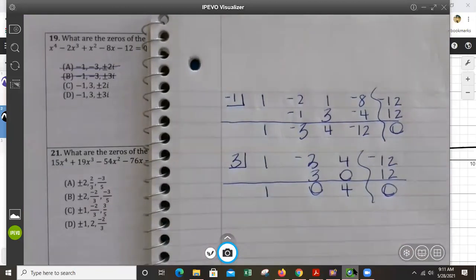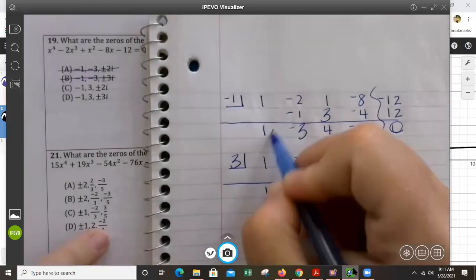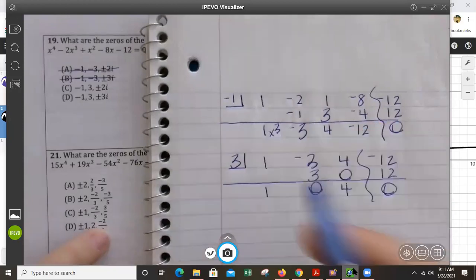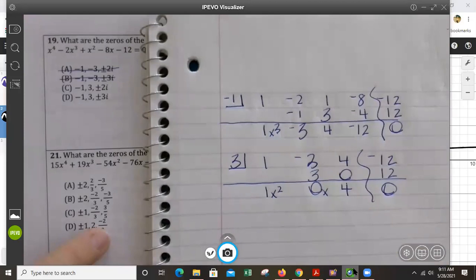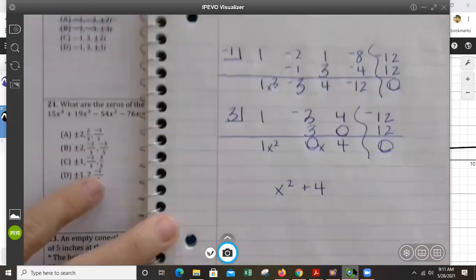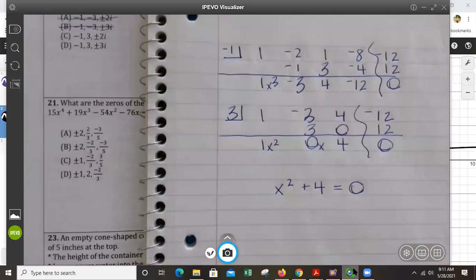So how do you get the plus or minus 2i? Remember, we came down from x to the 4th. This would have been x cubed. So this is x squared, x, no x's. So what I have is x squared plus 4 left. You guys know how to do that. And it's a 0, so I set it equal to 0.